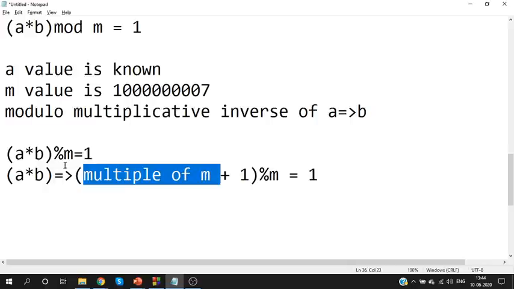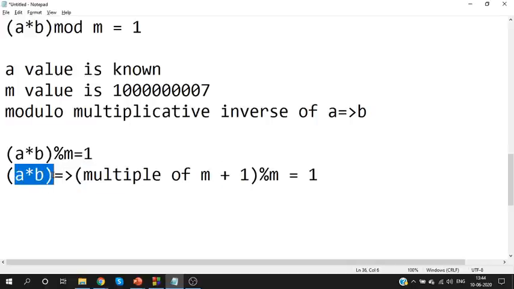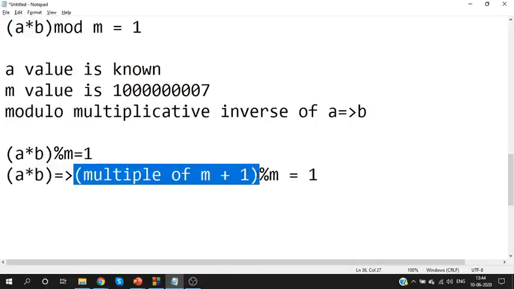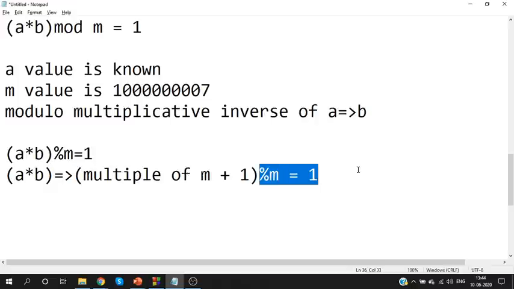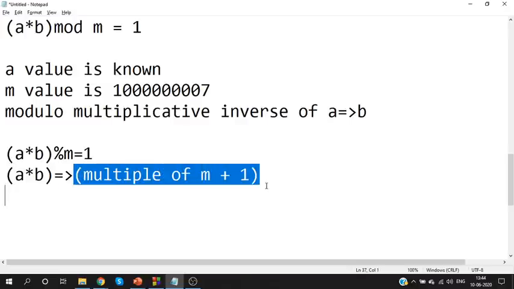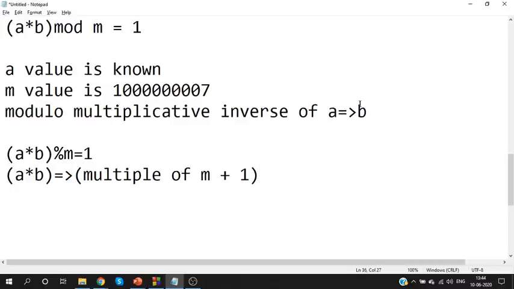So what is my ultimate aim? A into b should be a multiple of m plus 1. To get the modulo value as 1, a into b should be some multiple of m plus 1. So what should you find? You need to find the value of b. What is the value of b? B is nothing but multiple of m plus 1 divided by a.